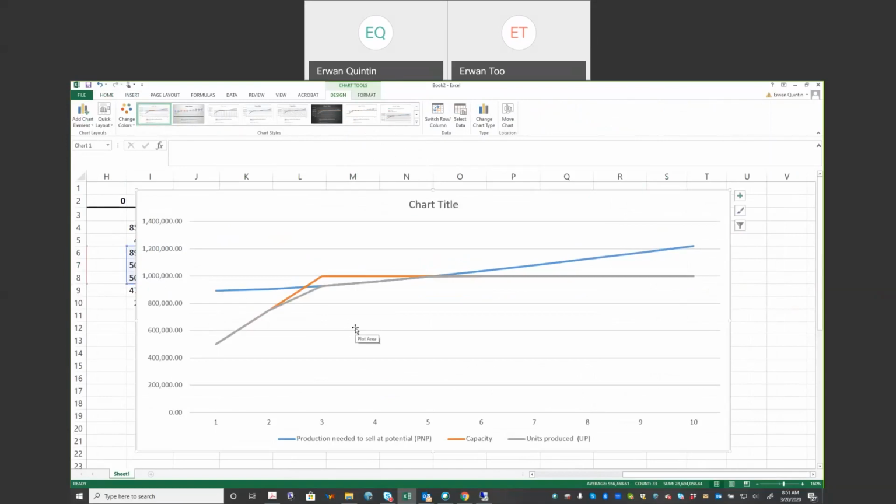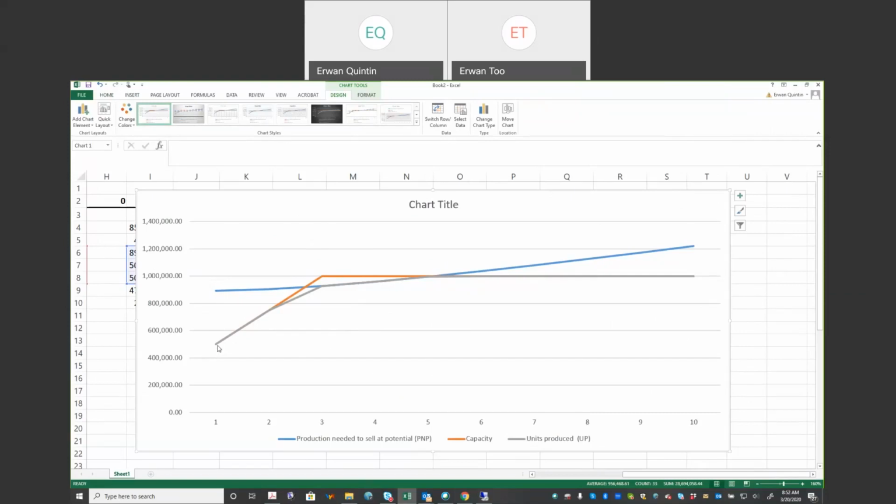as possible. Okay, so the blue line here on this chart is the production that I need to carry out in order to sell at potential. And again, the numbers in this case are such that if I can, I want to sell at potential. The orange line is capacity. So there is this ramp up period. It takes me 2 years to reach maximum capacity. And the result of this ramping up is that initially I cannot produce and therefore sell at potential.